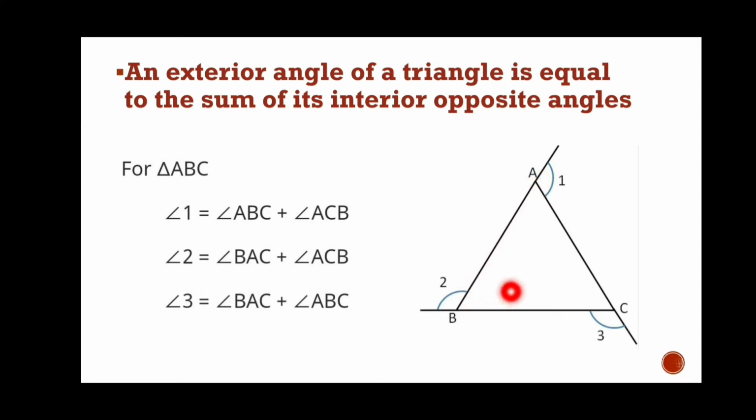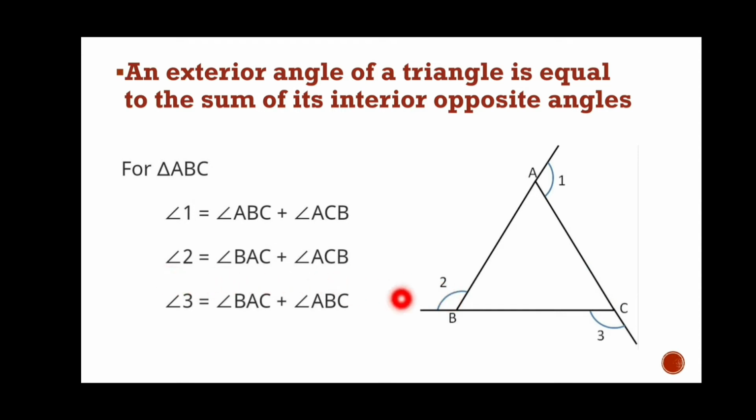In a triangle we have three angles, but the opposite angles of angle 1 are angle B and angle C. So if we add angle B plus angle C, we will get the value of exterior angle 1. So we can say angle 1 will be equal to angle ABC plus angle ACB.